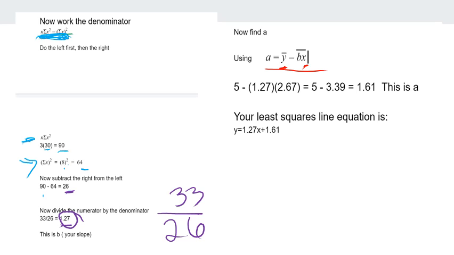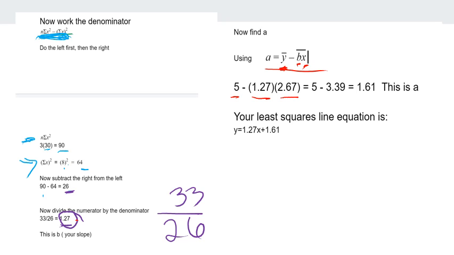We saw this on the other page, so you can look back if you want to check our numbers. Our y bar, or the mean, was 5. Our b, or our slope, was 1.27, because we just figured that out. And our x bar, the mean of the x's, was 2.67.